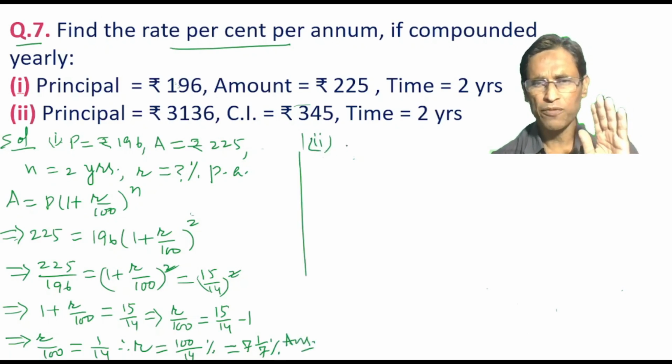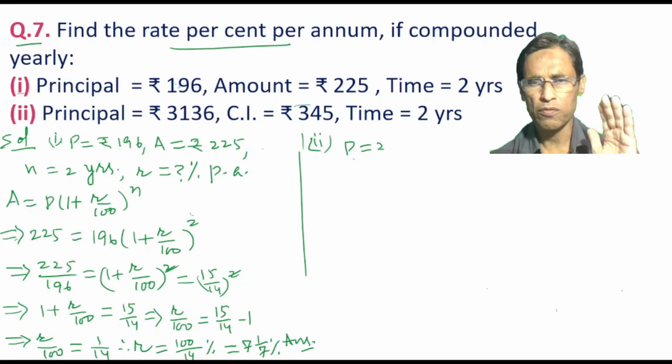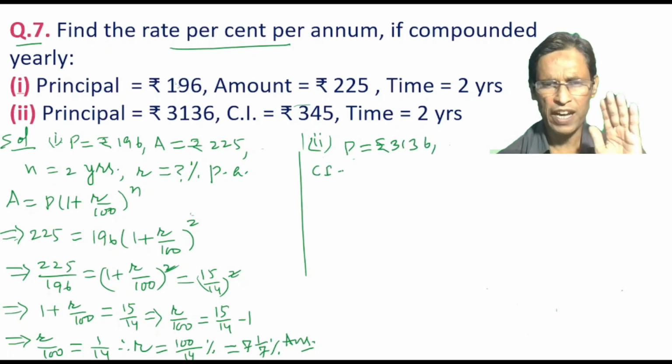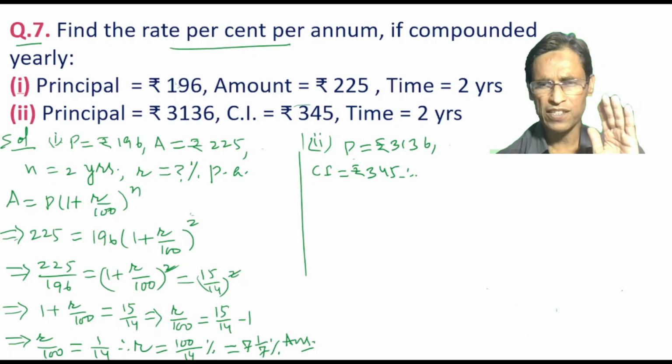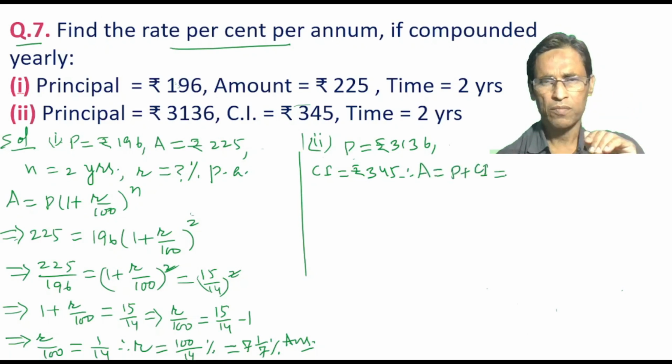In part 2 we have the information as P equal to rupees 3136. CI is provided as rupees 345. Therefore we can say A equal to P plus CI.